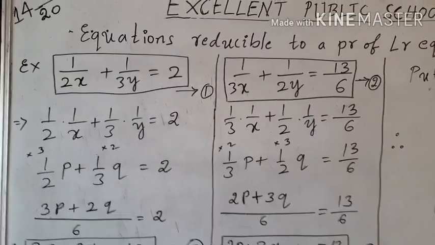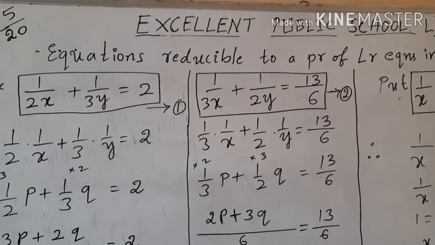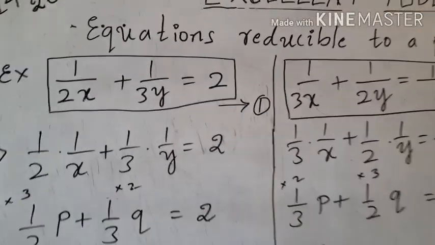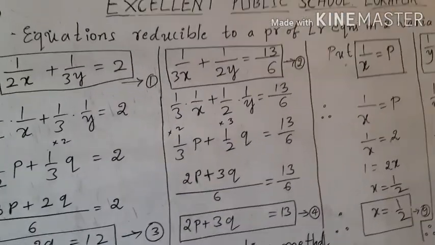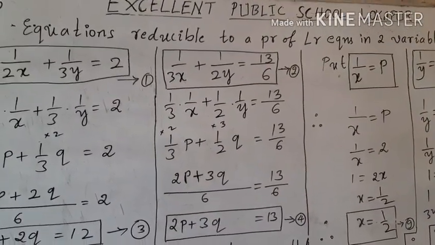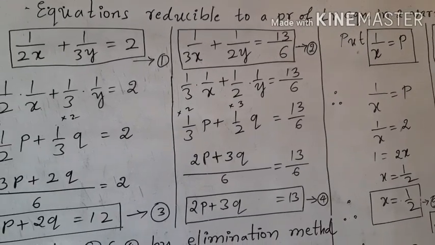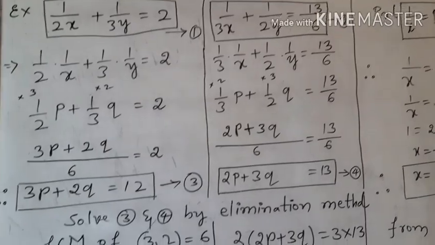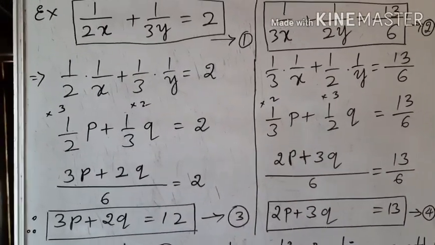So let us learn how the given equations are reduced to a pair of linear equations in two variables and solved. See here, children, 1 by 2x plus 1 by 3y is equal to 2 and 1 by 3x plus 1 by 2y is equal to 13 by 6 should be reduced to a pair of linear equations in terms of p and q. How is this done? We will see.